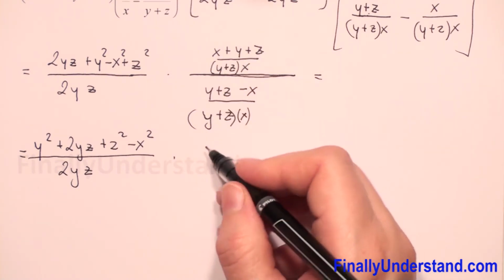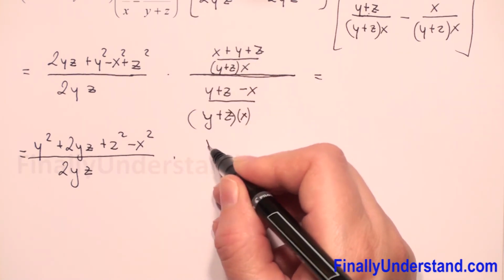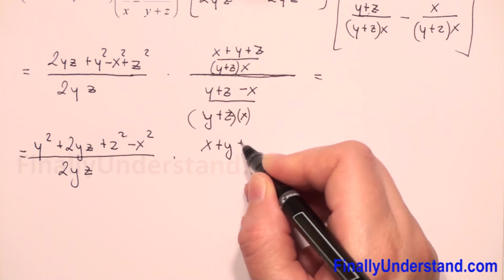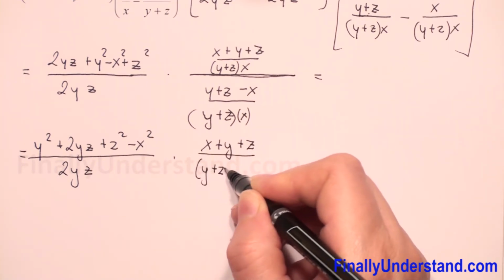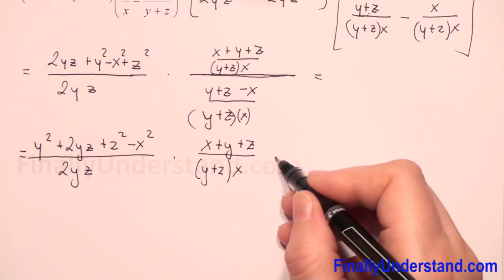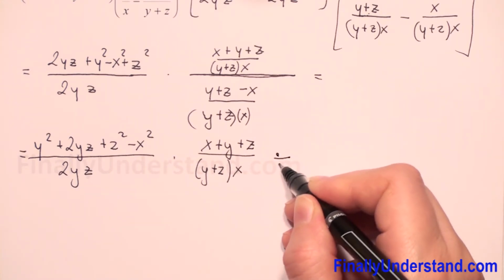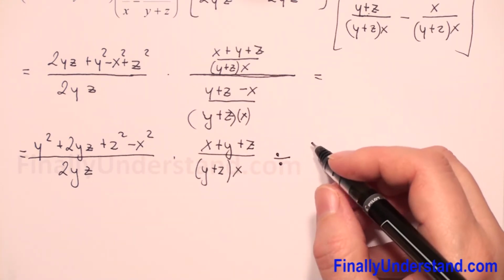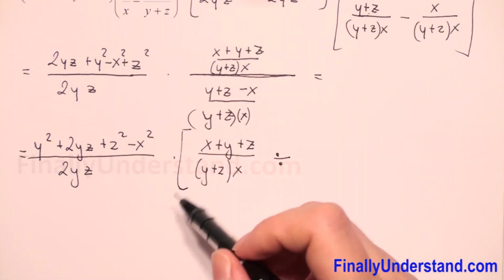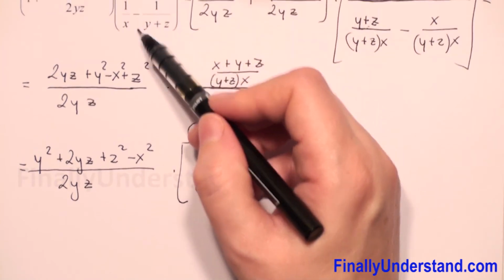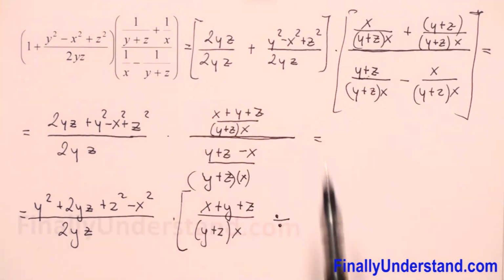So I have to copy first fraction in the numerator. We have x plus y plus z over y plus z times x, and we have division sign, and we have to put this in parentheses, because first we have to do these operations.